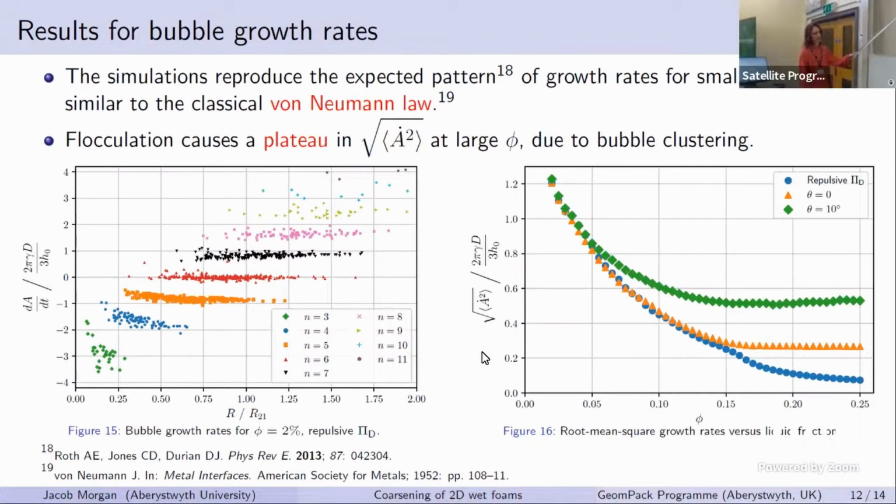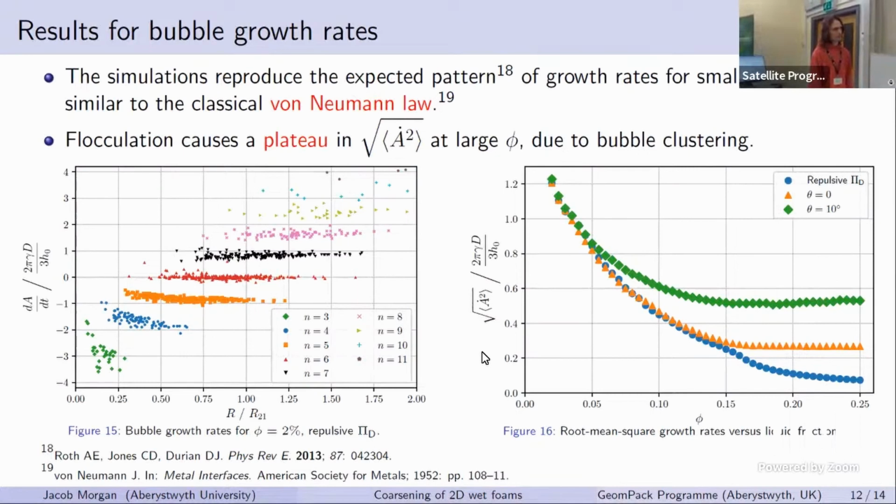The deviations from that have been looked at by other groups such as Roth and co-workers and Schilling and Durian that I mentioned earlier. We find that we're in qualitative agreement, but also I think in quantitative agreement when you take into account the gas flow through the plateau borders, which will be relatively large in proportion as a result of our thick films.